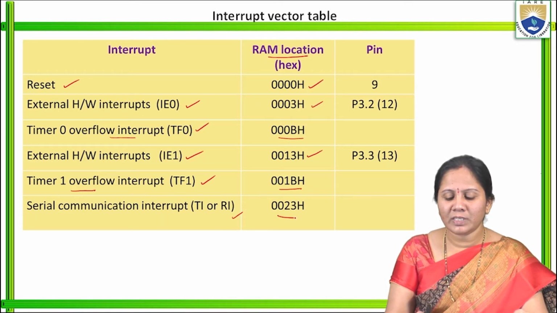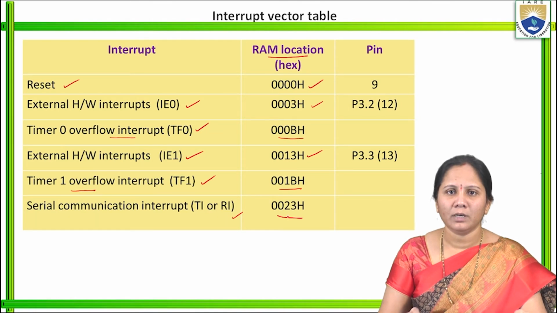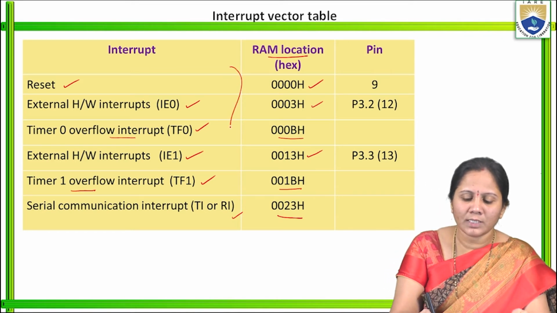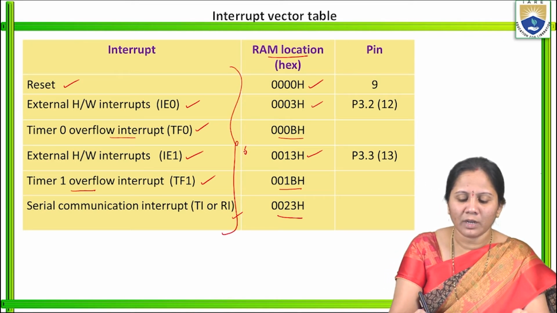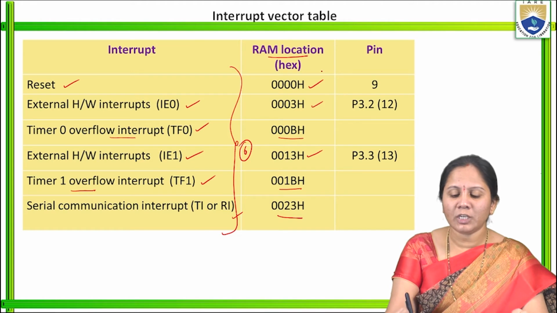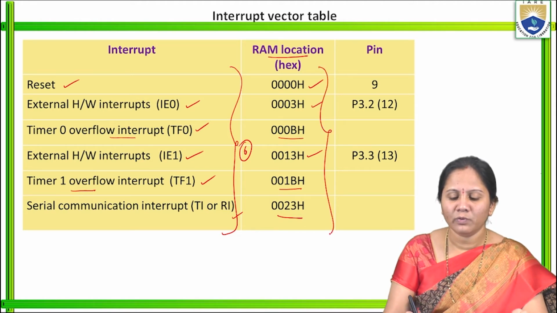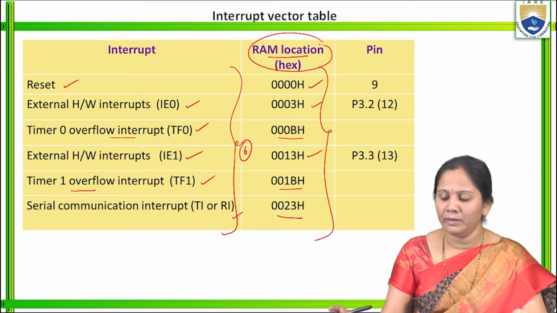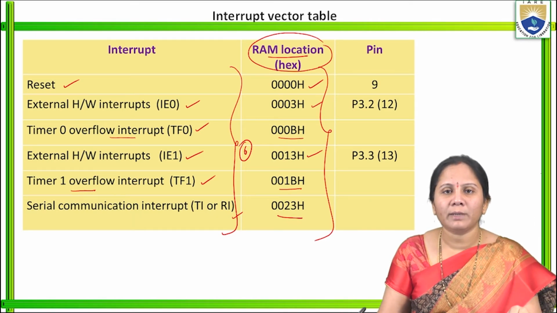It has a fixed address in the RAM location, which is 0023H. So all these are the 6 interrupts available in the interrupt structure of the 8051 microcontroller, and each interrupt has its own fixed address in the RAM location. So this is what the interrupt vector table is.